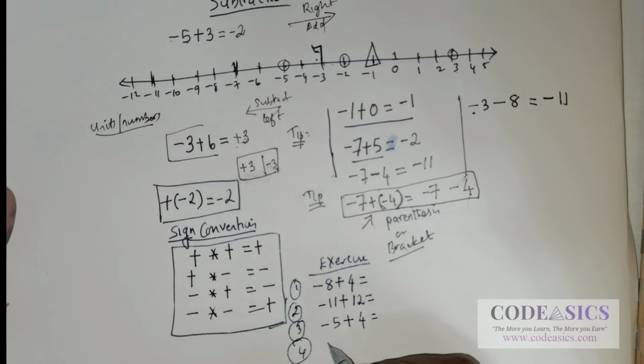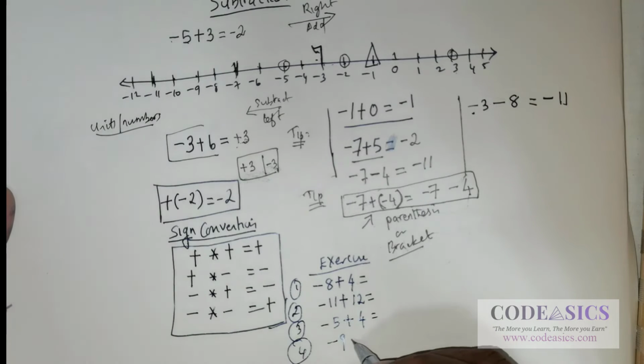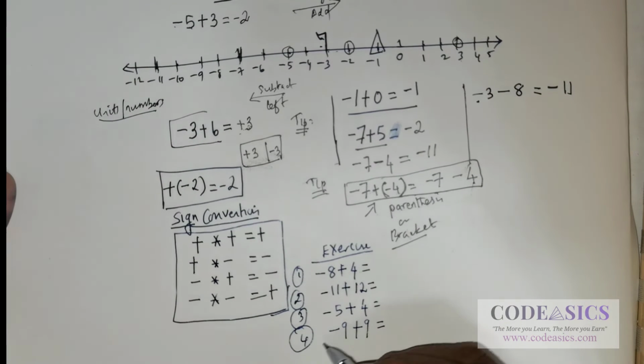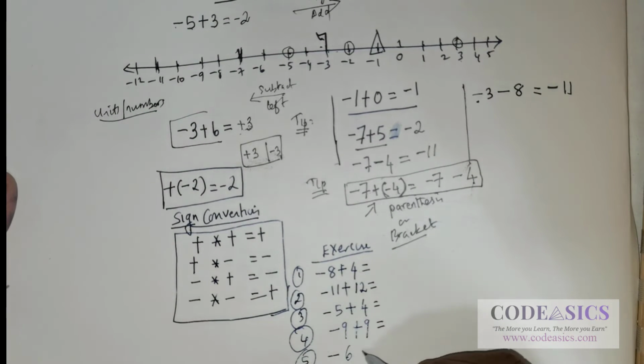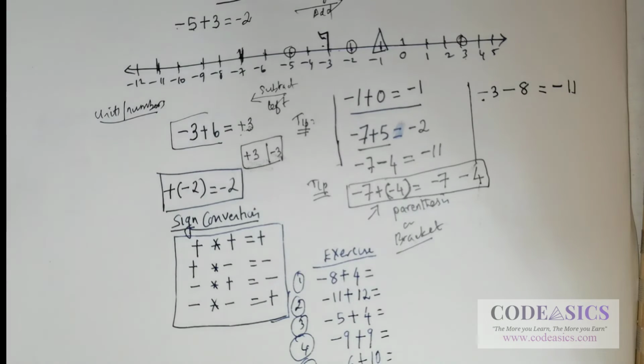Question 4, negative 9 with positive 9. And question 5, negative 6 with positive 10. So this is one set.